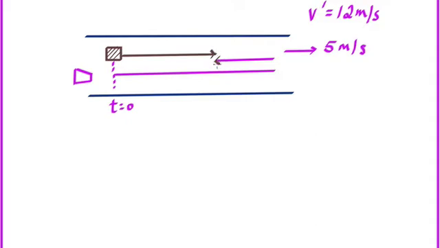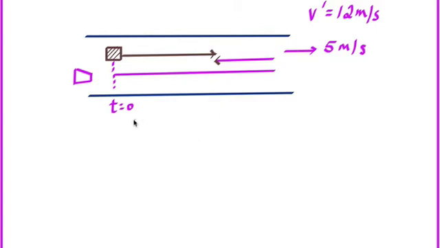Question is, how far does the raft drift during this time from the moment when the boat crosses it first to the moment when it crosses it again? That is the question.